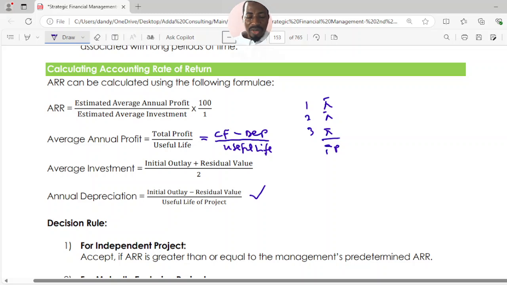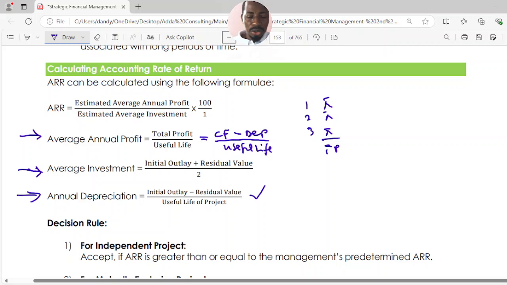Then the next working you are going to do is to go ahead and calculate average investment. How do you calculate average investment? Average investment is the initial cost of the project plus scrap value divided by 2. All right, because you added two variables together, that's why you are dividing it by 2. All right, so that will give you the average investment.